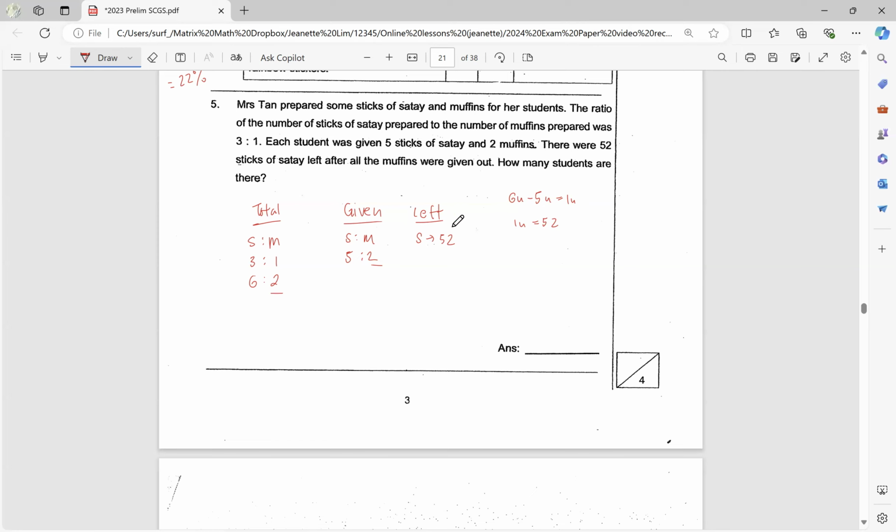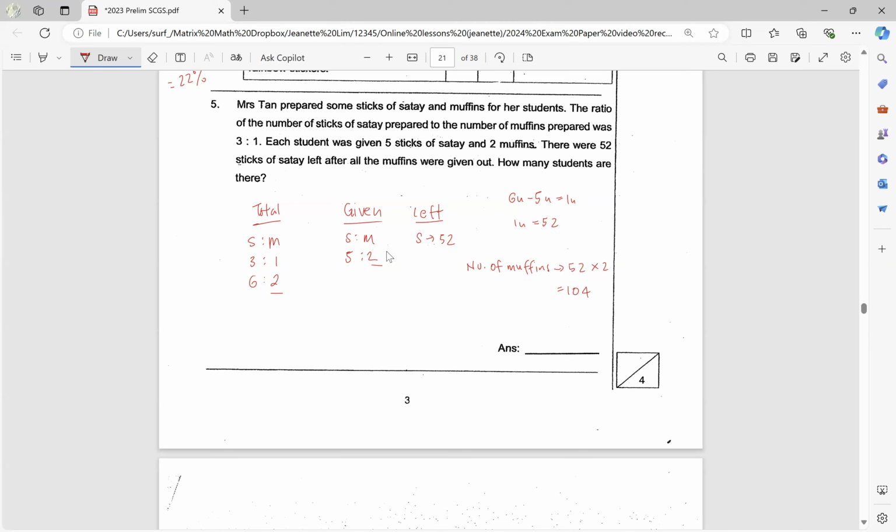Okay, so the question asks how many students are there? Let's find the total number of muffins first. The number of muffins is 2 units. So 52 times 2 is 104.